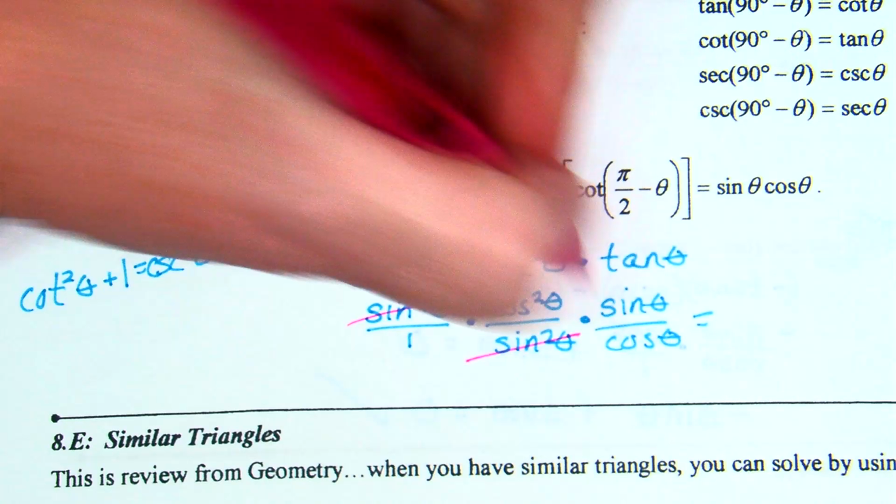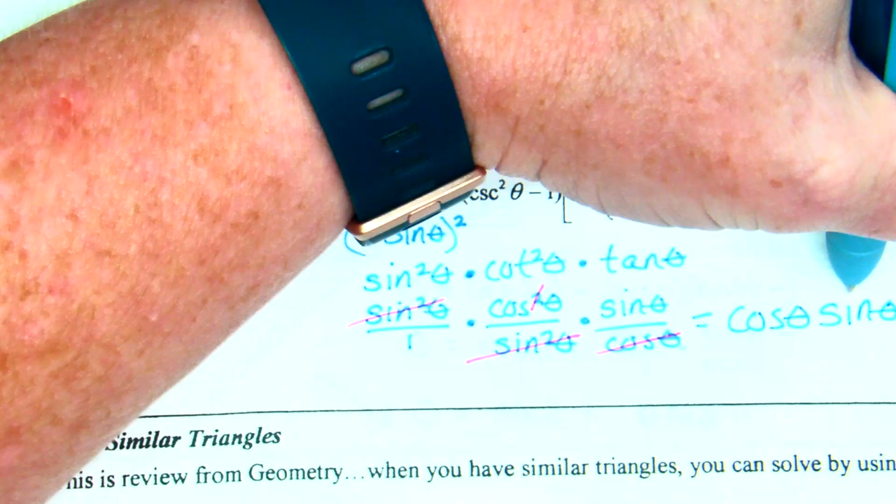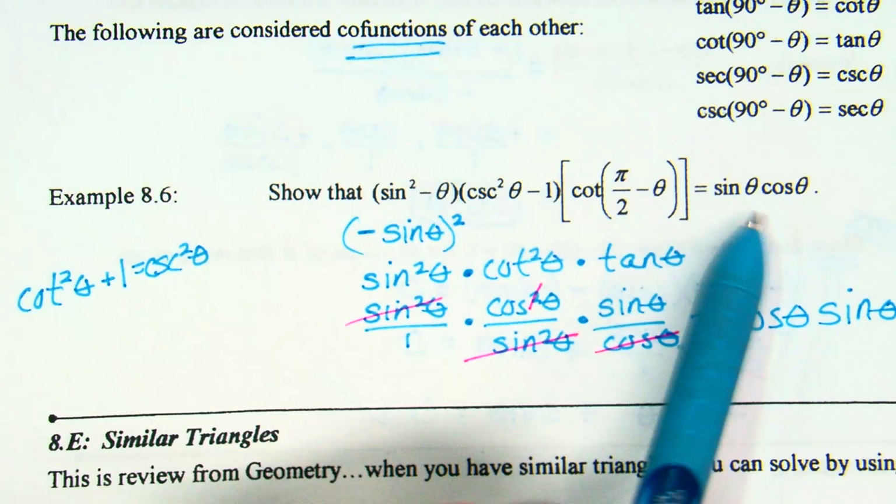One single cosine theta on the bottom cancels with one of the cosine thetas on top, leaving us with a cosine theta and a sine theta on top. And cosine times sine, well, I wrote it as I was looking at it, we're going for sine times cosine. Good enough. If you've made it this far, you know that's equivalent.